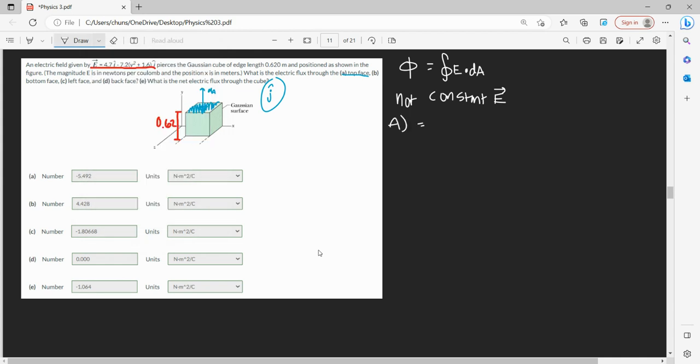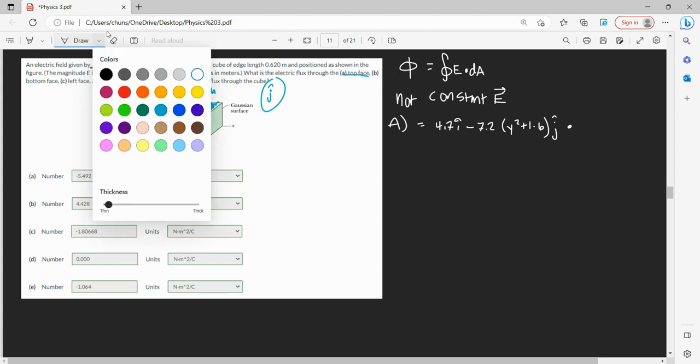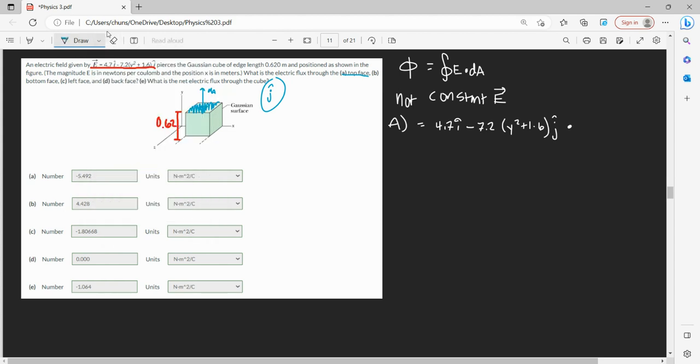So we're given our E, so it's 4.7 i minus 7.2 y squared plus 1.6 j, and we can get rid of the closed integral since we're only dealing with one face at a time. We're taking the dot product with the area of our top face directed upwards, which is 0.62 meters squared in our positive j hat direction.